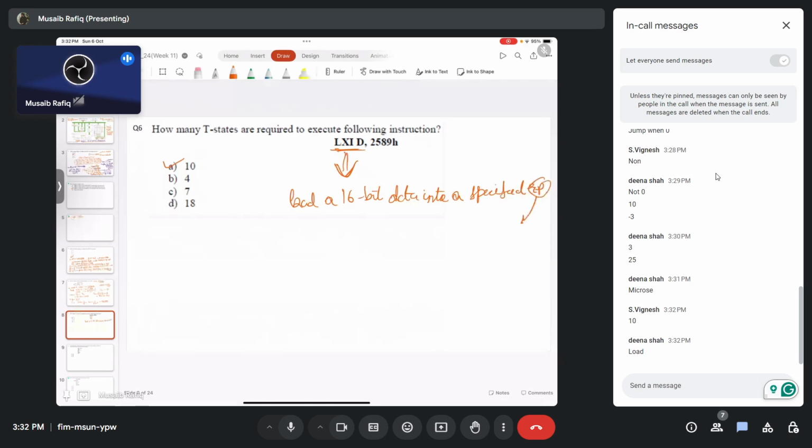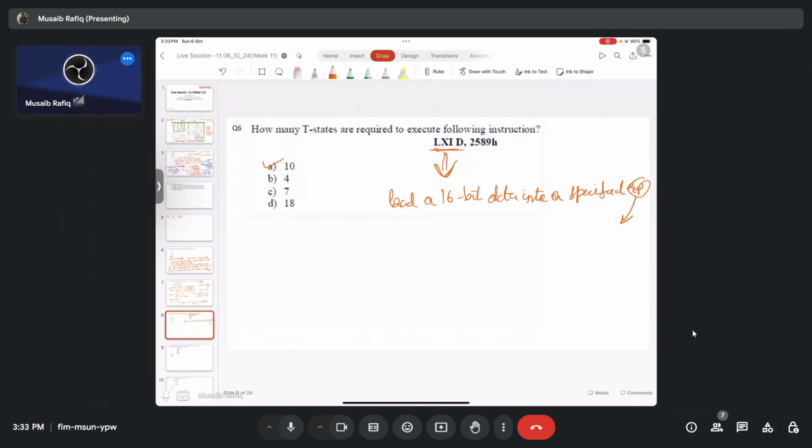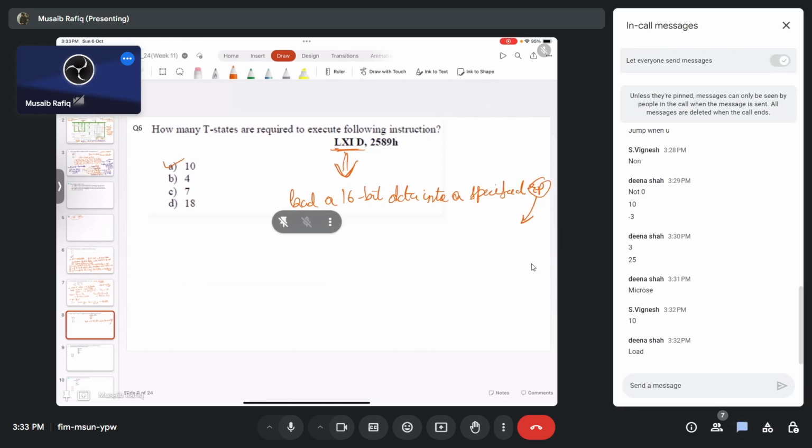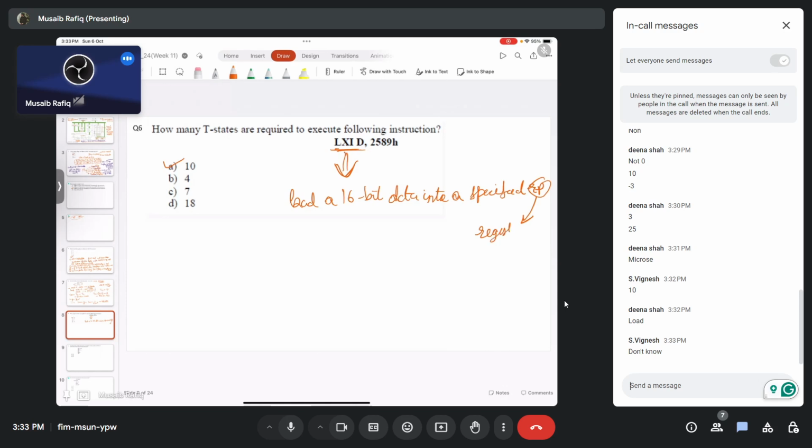RP. What is RP? This is a mnemonic for something. What does RP mean? It means register pair. And what is the register pair you specified here in the given instruction?